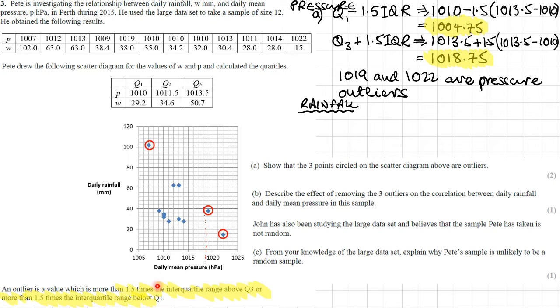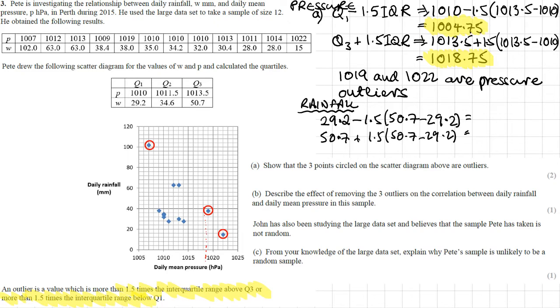Doing the same thing as I did before, if I look at Q1, 29.2 minus 1.5 times the interquartile range, so that would be 50.7 minus 29.2. That will give me the lower value, and for the upper outlier, that will be Q3, 50.7, plus 1.5 times the interquartile range, 57 minus 29.2.